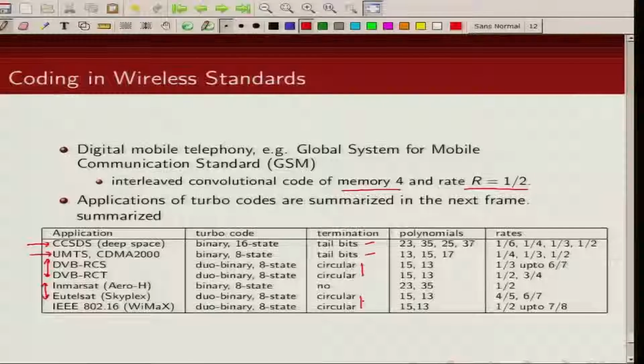These are what is known as tail biting encoders, so the starting and ending states are the same. So the trellis is like a circular trellis, and they do not need any termination bits, and these are the code generator polynomials in octal notation and some of the rates that have been used for these codes.